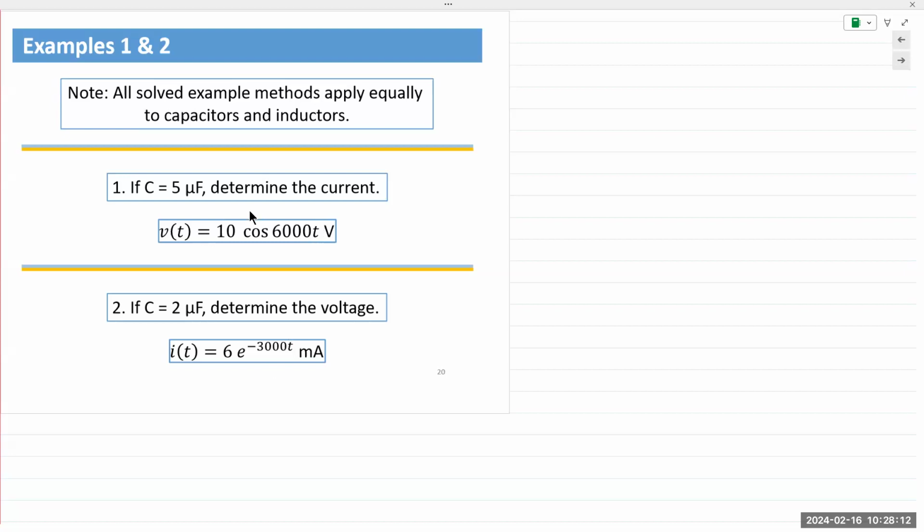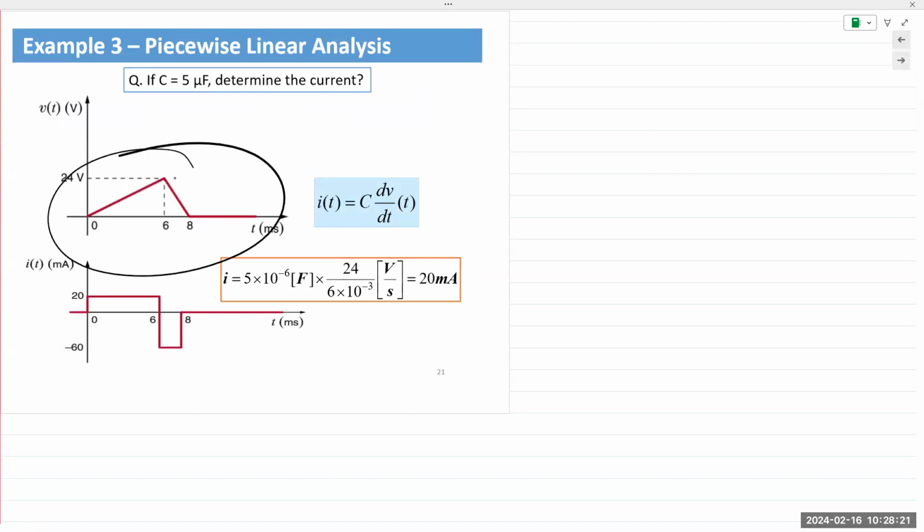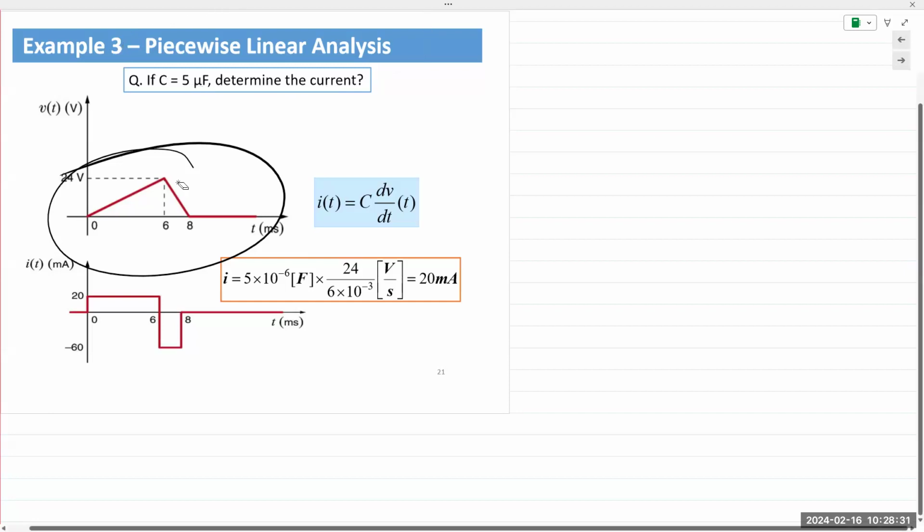Some functions can be easily described. If it's a cosine or a sine wave, you can use sine or cosine. But if you have a graphical illustration like this, how do we describe it mathematically? For that, we use the technique known as piecewise linear analysis.